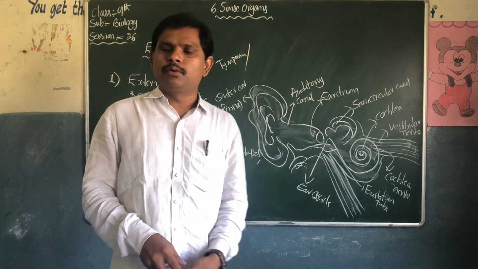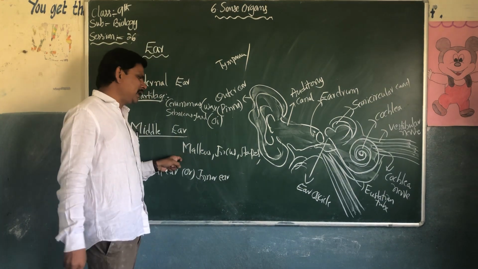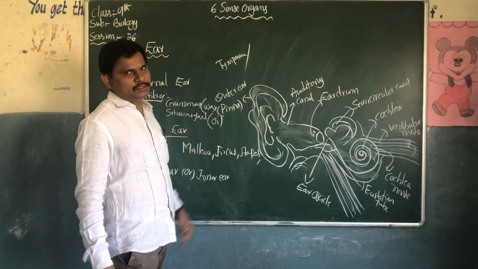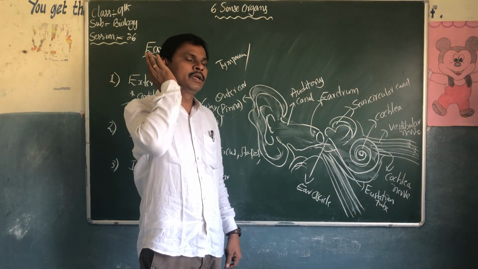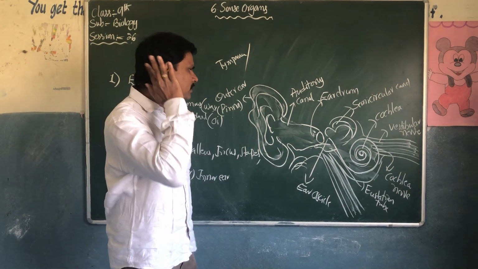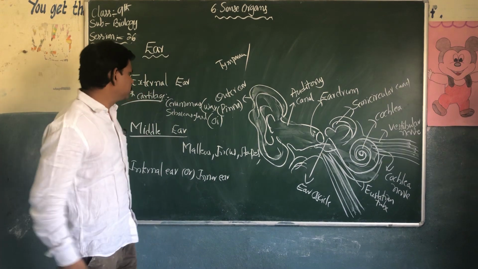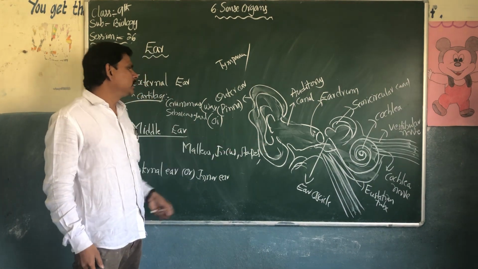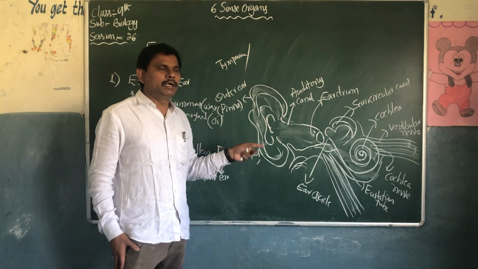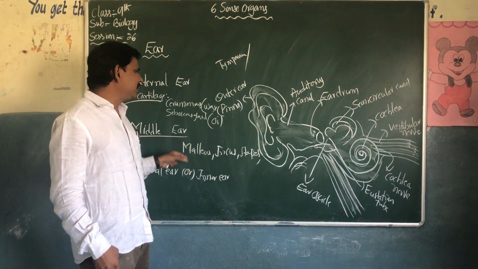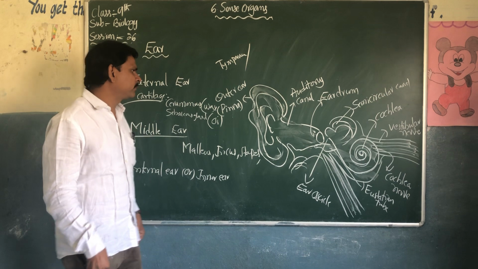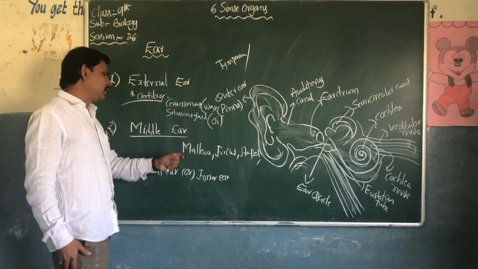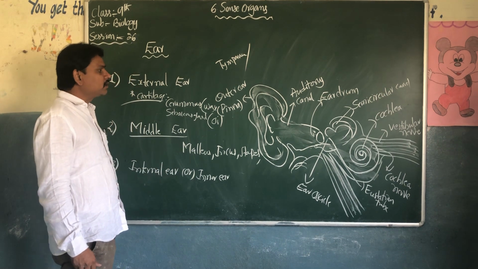The smallest bones in the body are the malleus, incus and stapes. When they vibrate, the sound is sent to the next part. From these bones the sound waves enter the internal or inner ear.